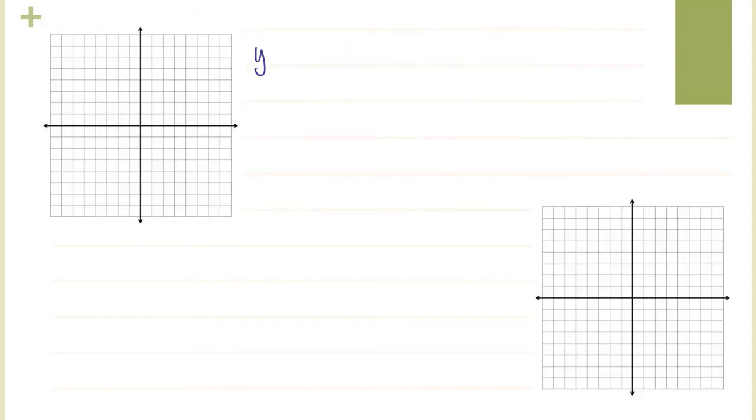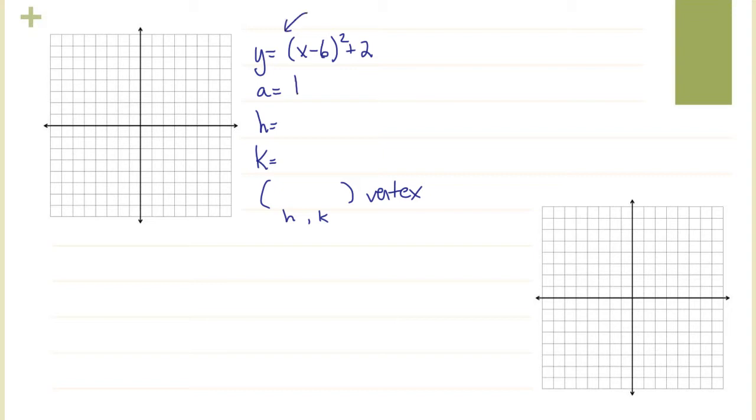Let's do y equals (x minus 6) squared plus 2. So I always want you, just like we did with absolute value, to write what does A equal, what does H equal, what does K equal, and then just like before, H, K is going to give us the vertex. So in this case, remember, A is invisible here, but it's going to be 1 because there's nothing in there.